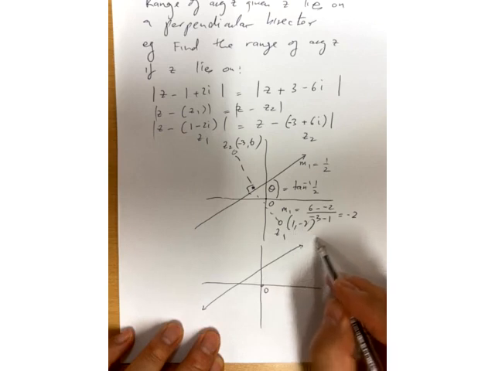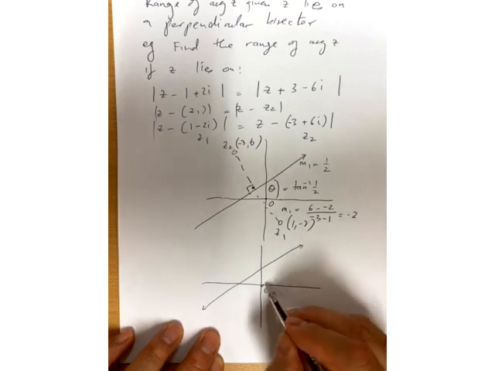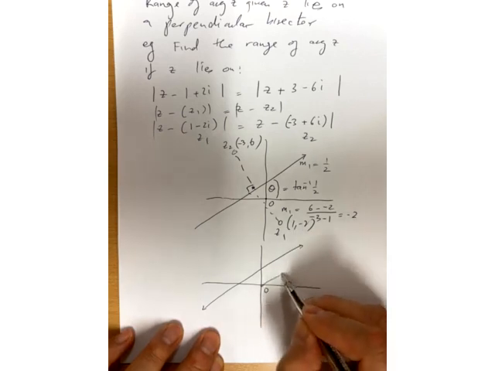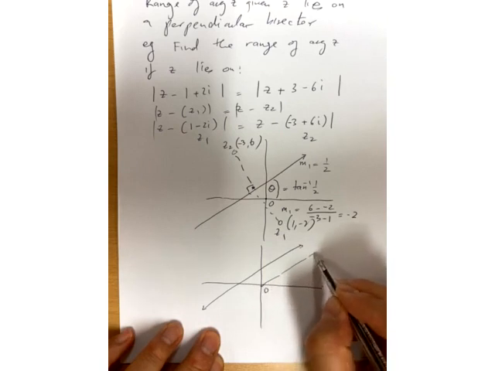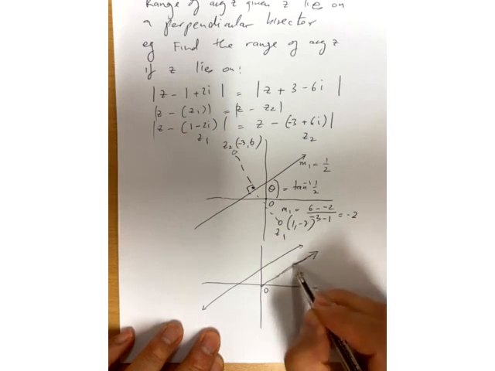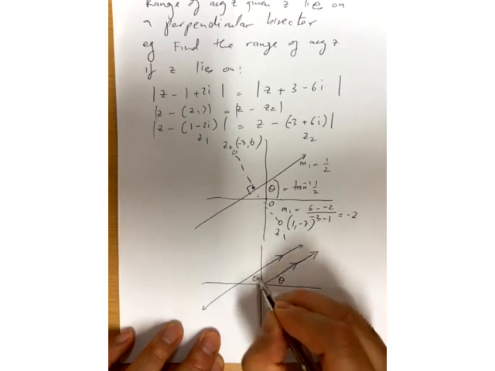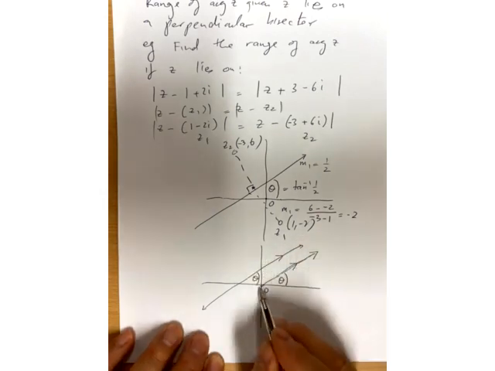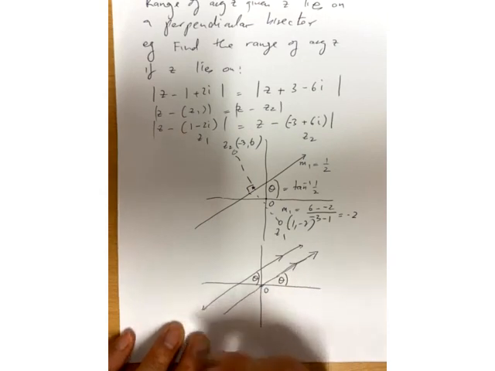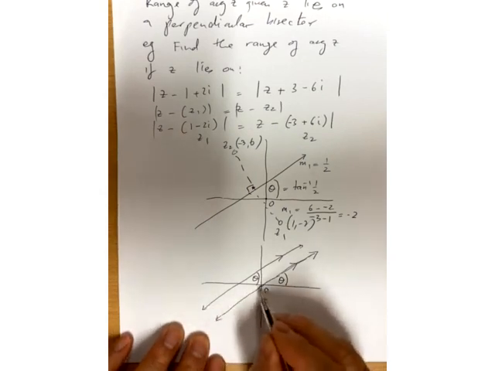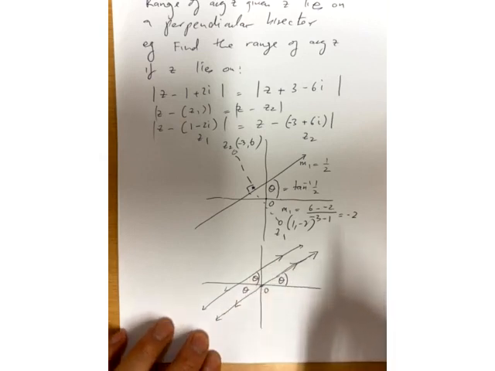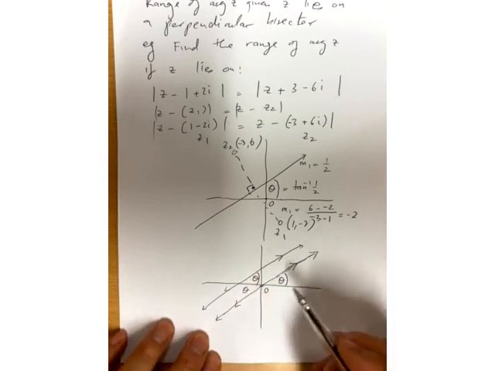Imagine if you have this infinitely away, so that this is going to be parallel to it, then you'll get that one there. So this is parallel to this. So this will be theta, and that will be theta, which is tan inverse of a half. And then imagine another one that's infinitely down that way as well, which is also going to be parallel to this. So that's going to be theta over here.